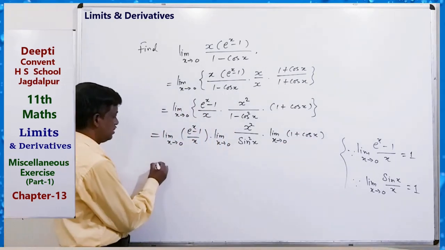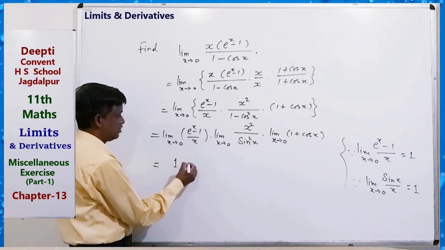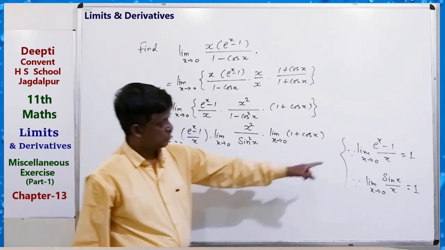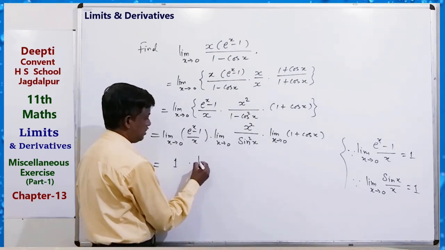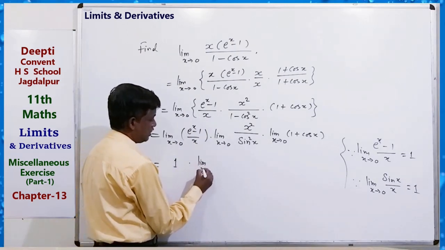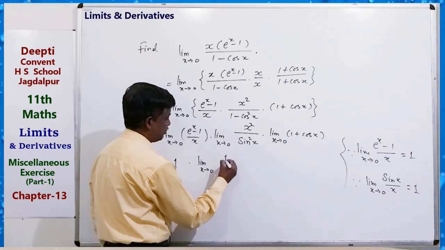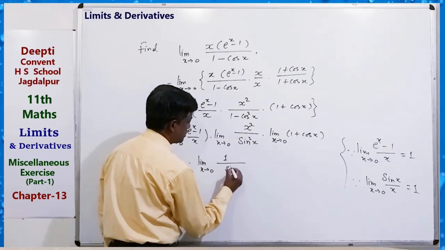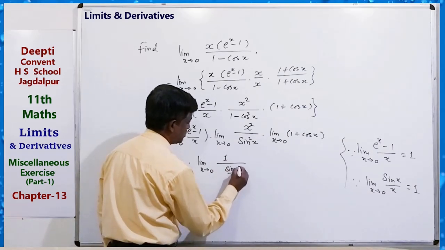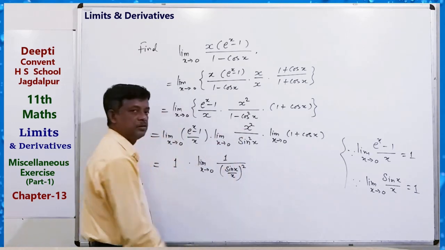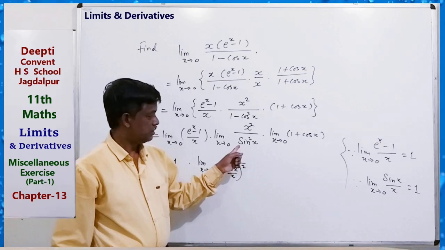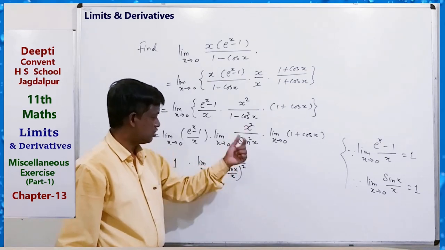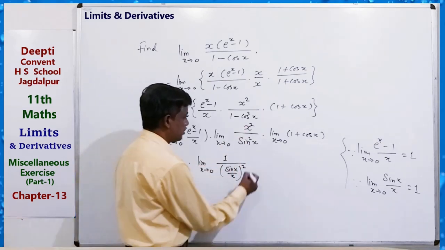Now see, this is 1, as we know that limit x tending to 0 we can write 1 upon (sine x upon x) whole square.